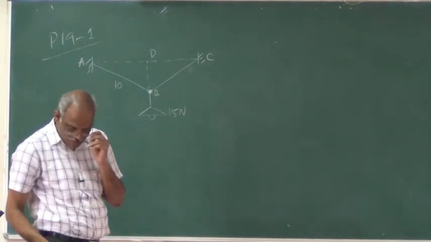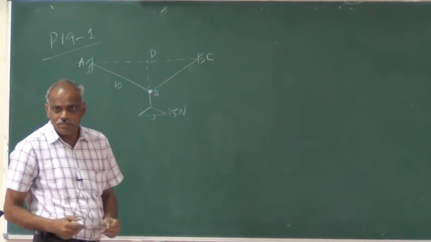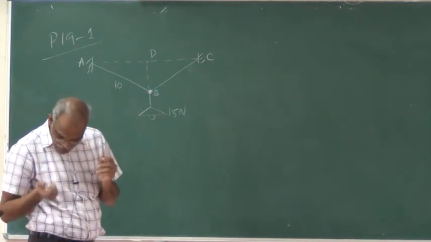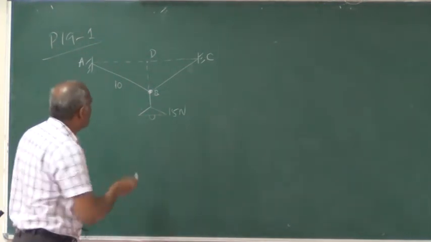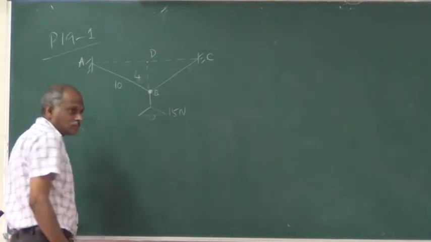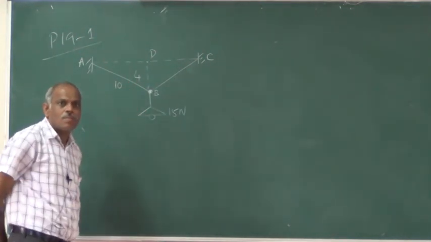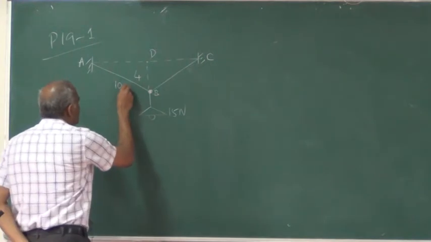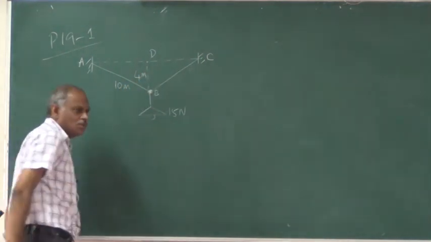Here it is given in feet, so I can take just 10 units. Then the sag DB is 4 units. So I can take this as 10 meter and 4 meter, no issue.